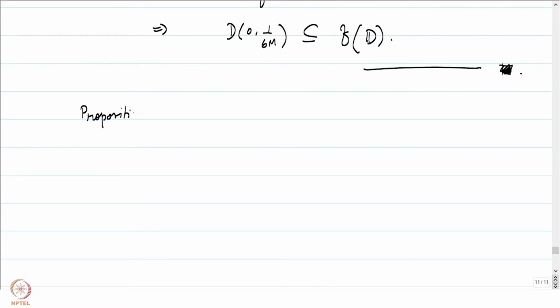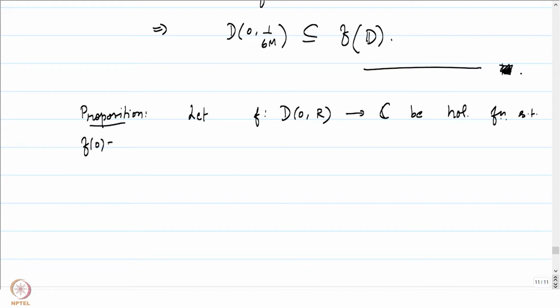We will now not consider functions from a unit disk; rather, let f from a disk of radius r around 0 be holomorphic, bounded by m, such that f of 0 is 0, the absolute value of f prime of 0 is now not necessarily equal to 1 but some positive number mu, and such that the absolute value of f of z is less than or equal to m for all z in D(0, r).